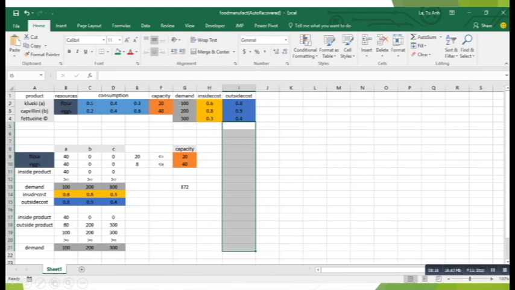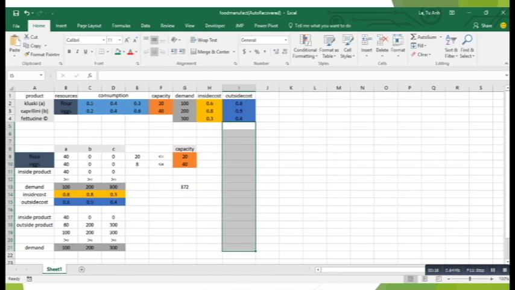This is an Excel file that includes everything the original model gives us. The first is three different kinds of products.